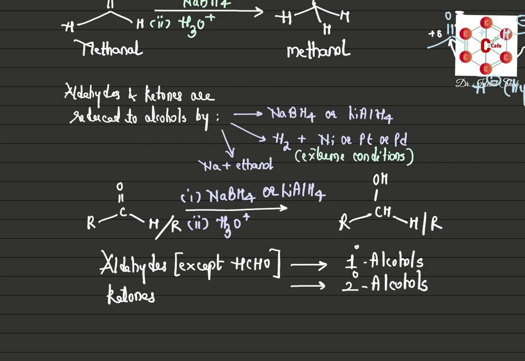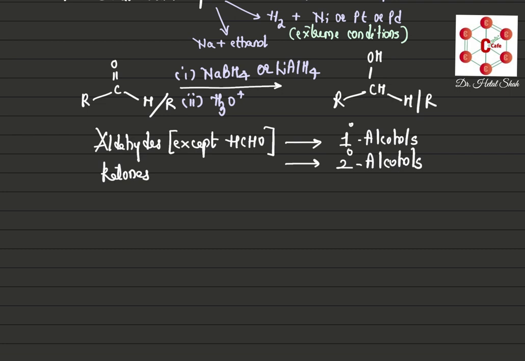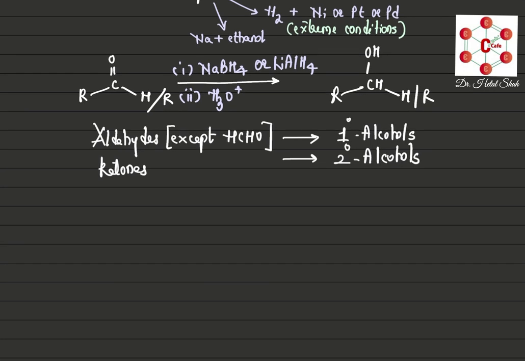Now, once this is done, I would give you the reactivity and the selectivity. First of all, if we talk about sodium borohydride and lithium aluminium hydride, both of them are able to react in the same manner as it seems. But remember, lithium aluminium hydride is much stronger in its action as compared to sodium borohydride.